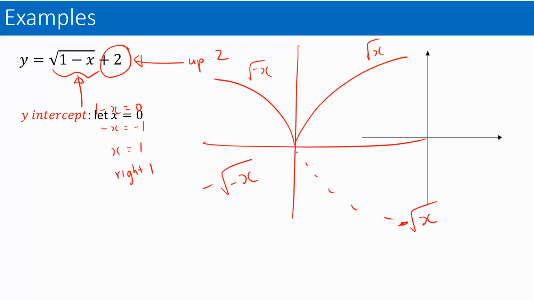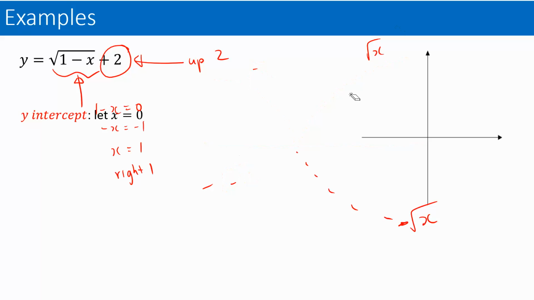So if you notice those 2 negatives, in my case I've got a negative on the inside with the x. That one will turn this way. Because if I have, let's say, root of negative x, now if you sub in 1, you can't square root that, true? But if I sub in negative 1, 2 negatives become a positive, true?